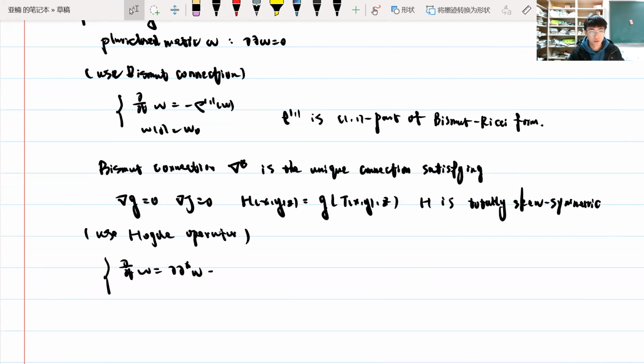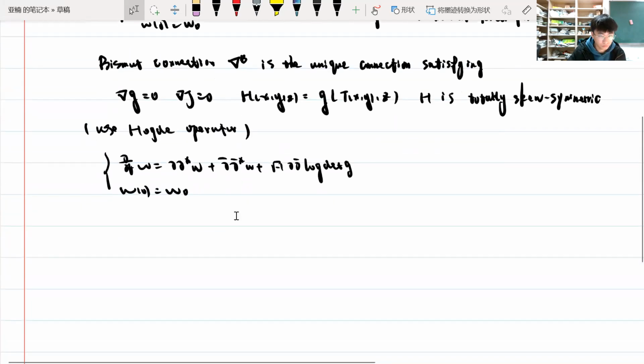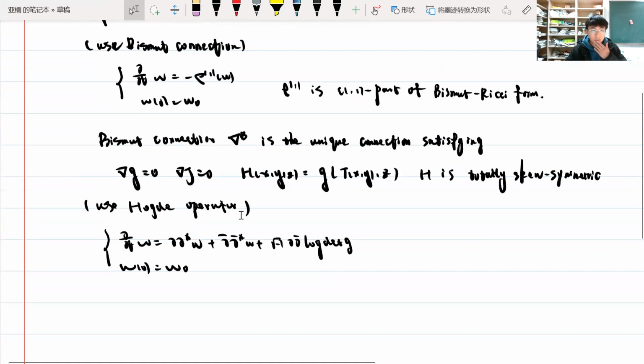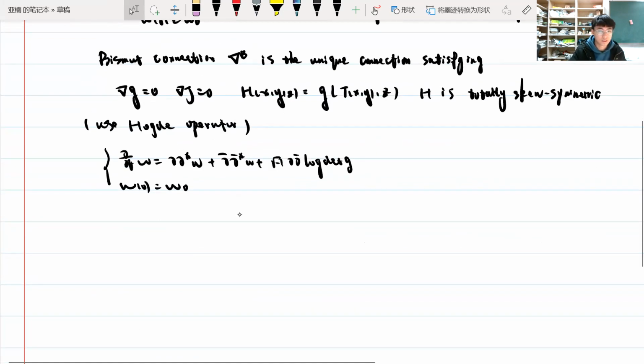It is star ω and its contribution, and the first Chern class. Okay, this is about pluriclosed flow.